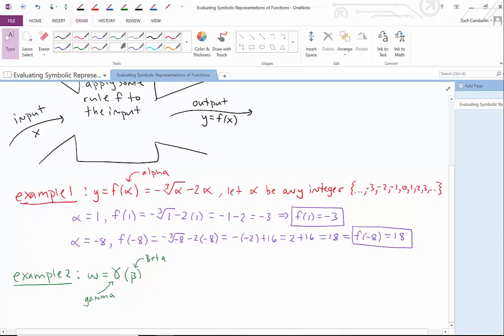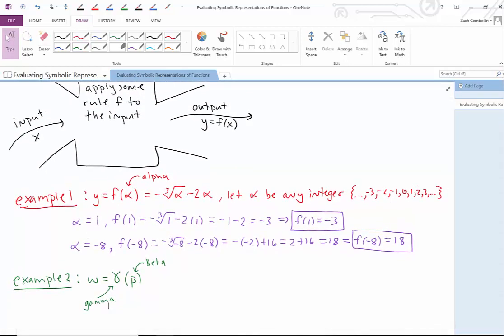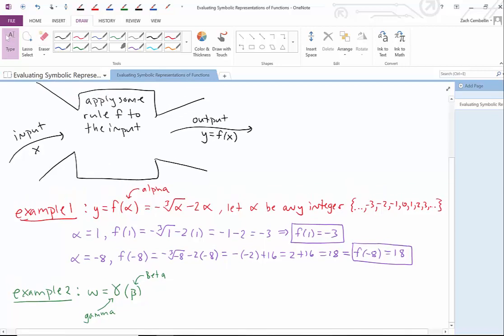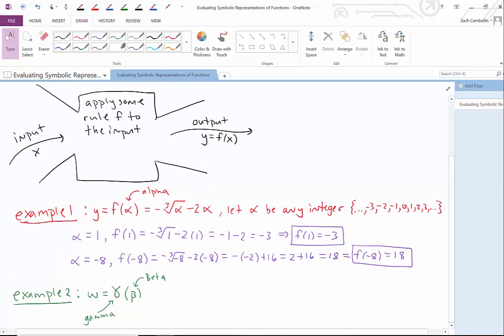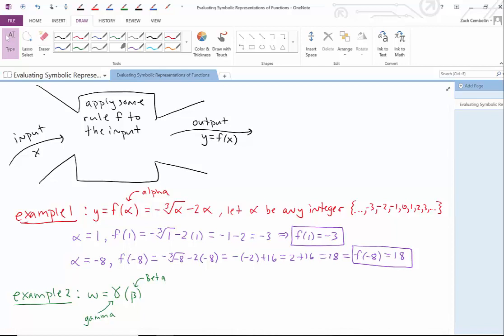So here we're really trying to get across the point that we can call the input, the output, the rule, whatever we really prefer to call it. It doesn't matter. Traditionally, we call the input x, the output y, and the rule f. But in this example, we called the input beta. I'll call the output w. In the rule, we can just say it's gamma in this scenario. So gamma applied to beta is some result we call w. Call it whatever you want, smiley face, whatever.